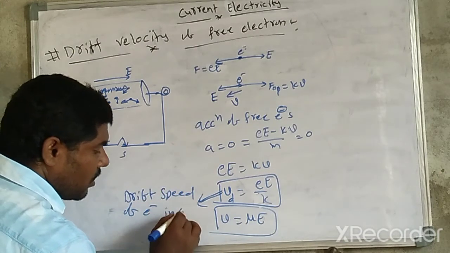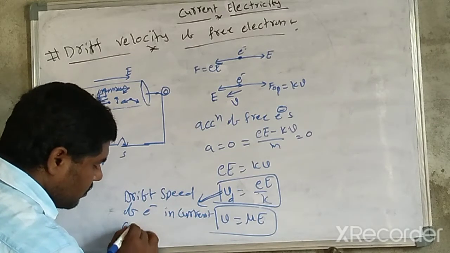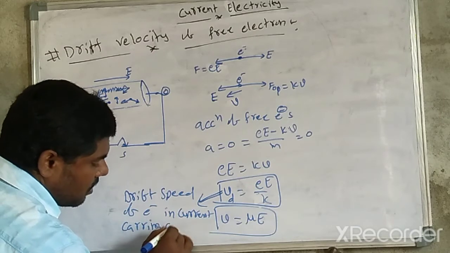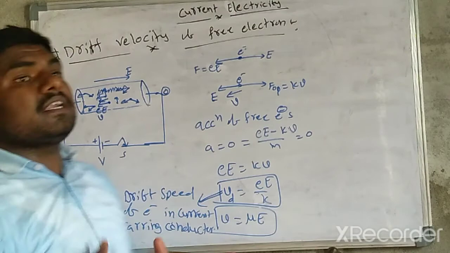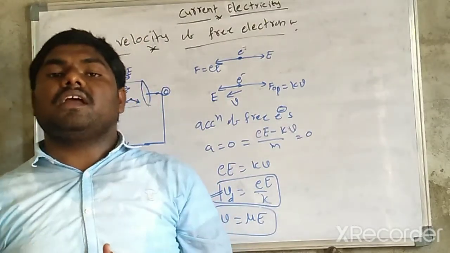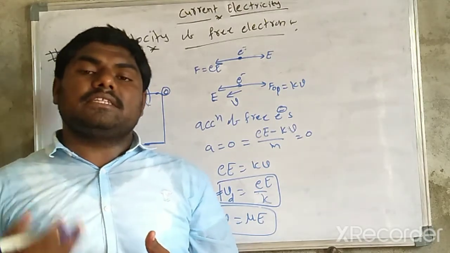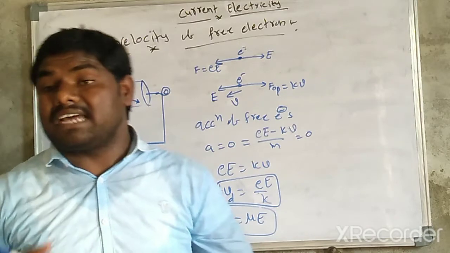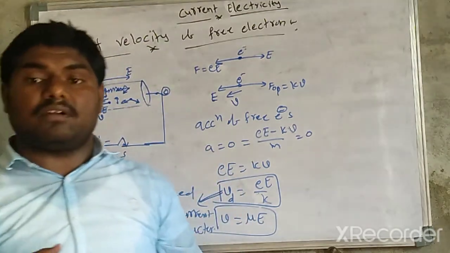Even though the acceleration of the free electron charge is 0, a velocity of flow exists. That velocity is what we call the drift velocity of the free electron.